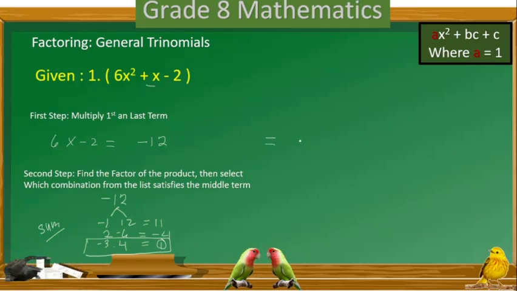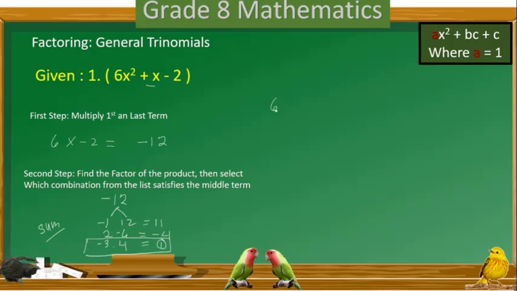Okay, so the factor of x squared is x. Then we're going to copy the given and replace the middle term with the factors that we have chosen.